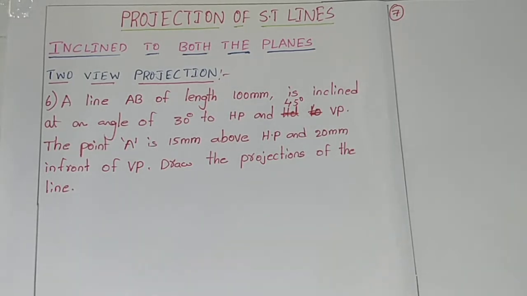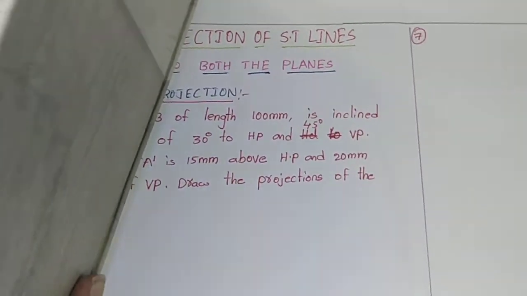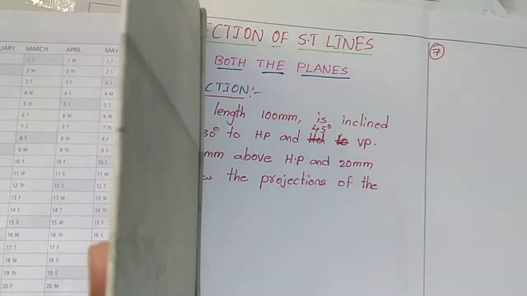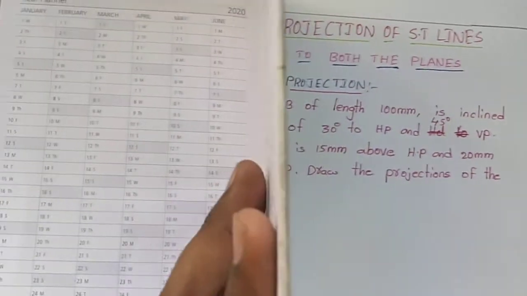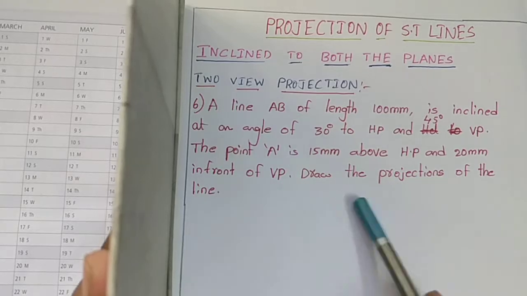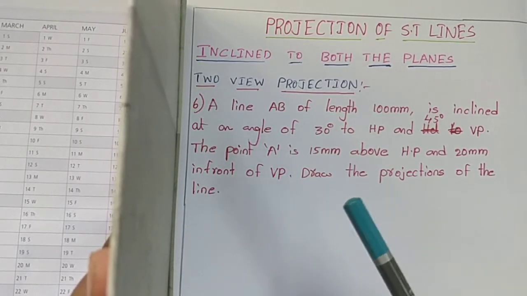Now consider this is the vertical plane and this one is the horizontal plane. Now I am placing the position of the object.